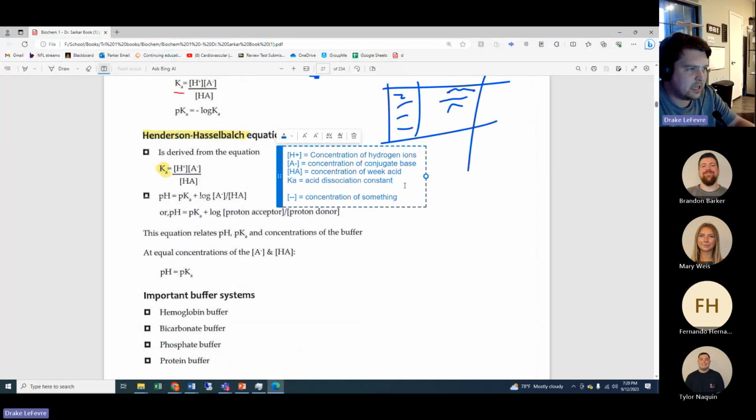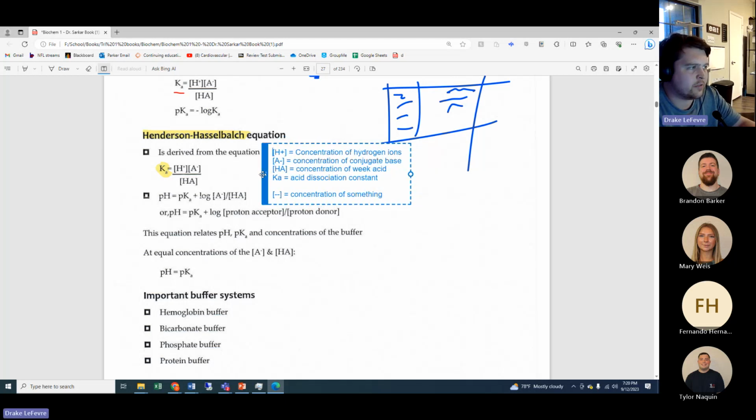If you don't know what that means, the acid dissociation constant tells us whether an acid is weak or strong. When we put that specific acid into water, how many hydrogens come off of that acid?